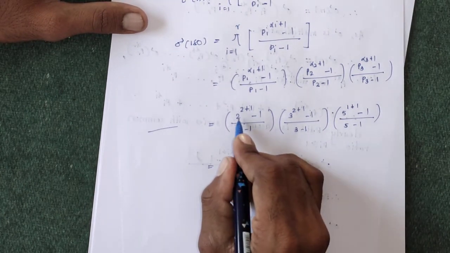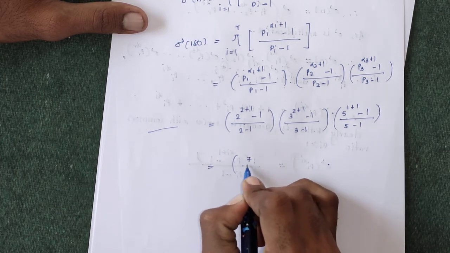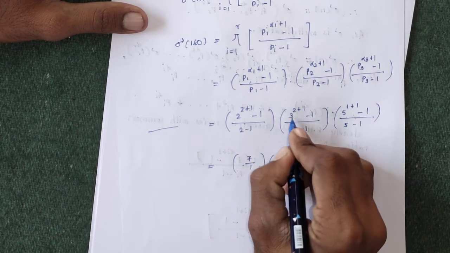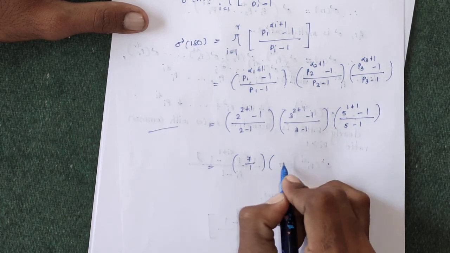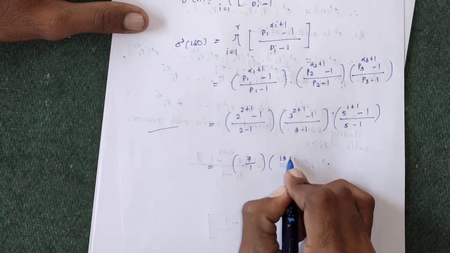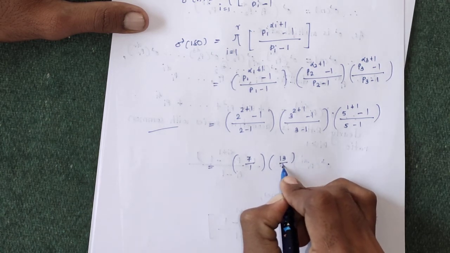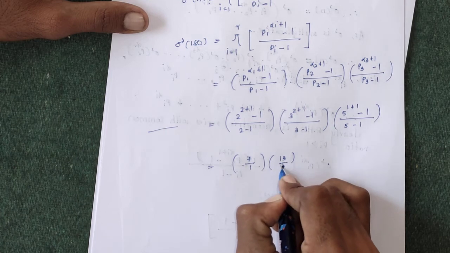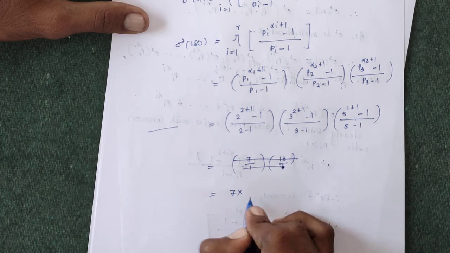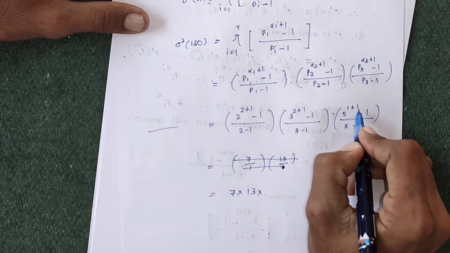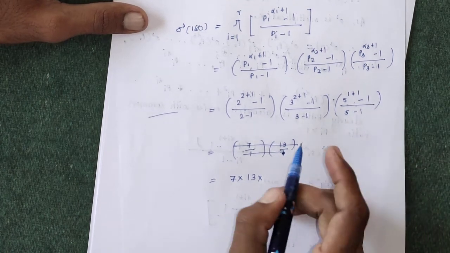Just calculating this, we can write 2 cube is 8 minus 1 is 7, 7 by 1 is 7, into 3 cube is 27 minus 1 is 26, 26 by 2 is 13, into 5 square is 25 minus 1 is 24, 24 by 4 is 6.